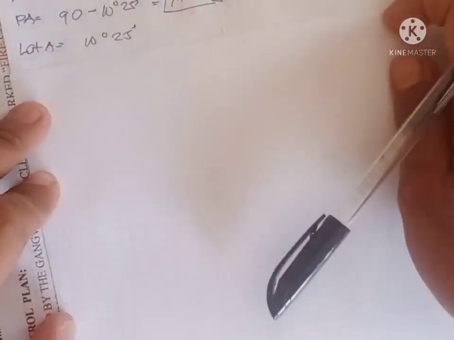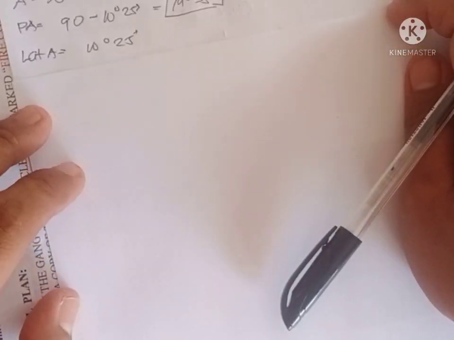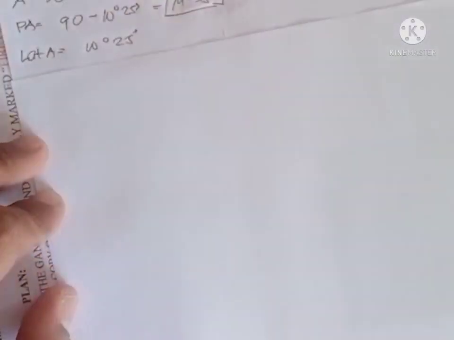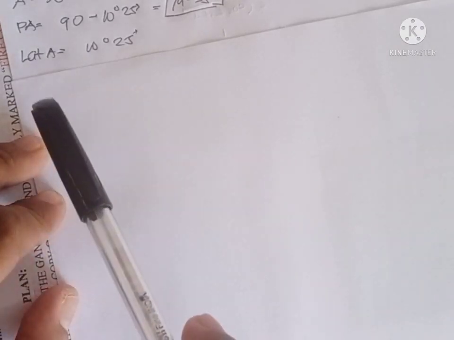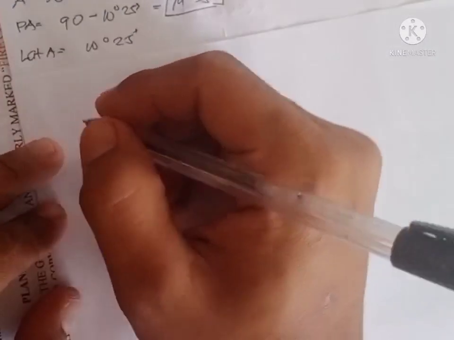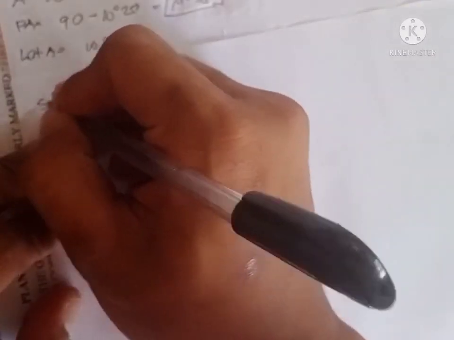So to continue, we need to use this formula in order to get our lat V and to get our PV, to get the long V. So this is the formula.